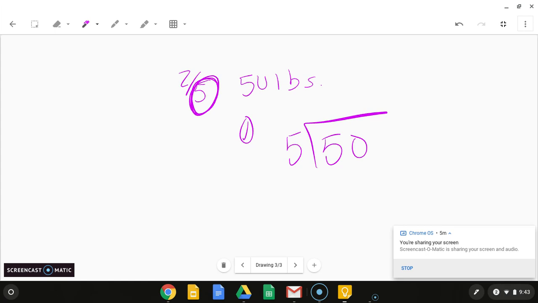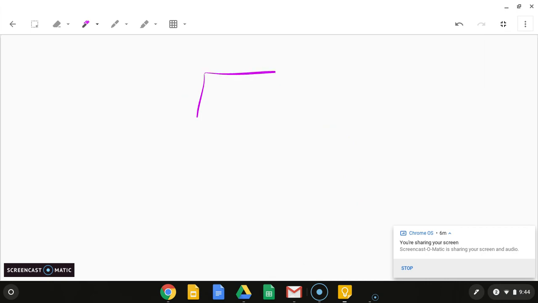Again, simple division problem. We know our multiplication facts. We know our 5s. So we know that 5 times 10 is going to give us 50. If you need to do the process, you're welcome to do that. Don't feel like you have to. So what this means is that if we divide the weight of the rock into fifths, we're going to do our little diagram like we did last time.